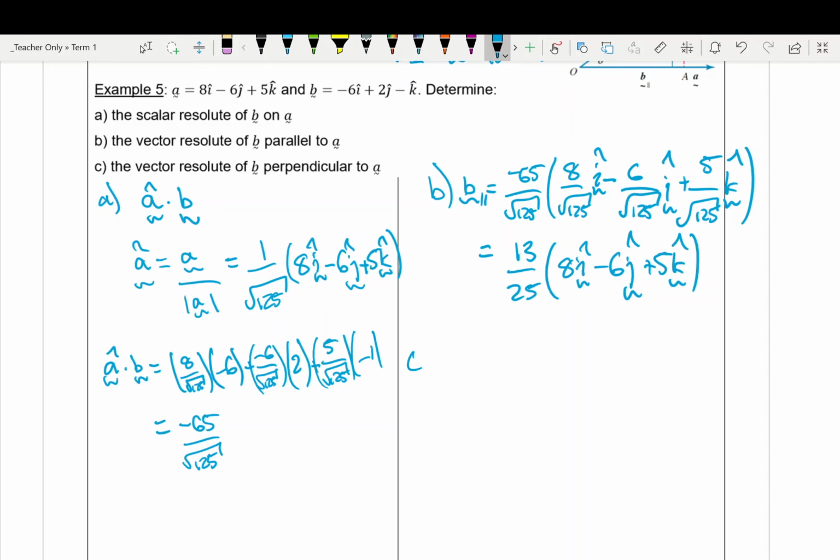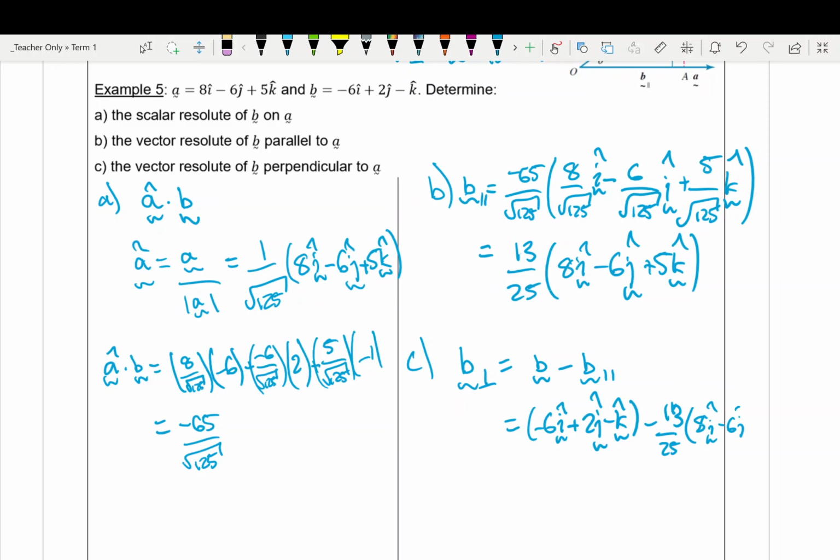All right, and part C, we're looking for the perpendicular resolute. So all we do is we have B subtract B parallel that we found up there. So that's going to give us -6i plus 2j minus k, take 13 on 25, 8i minus 6j plus 5k.